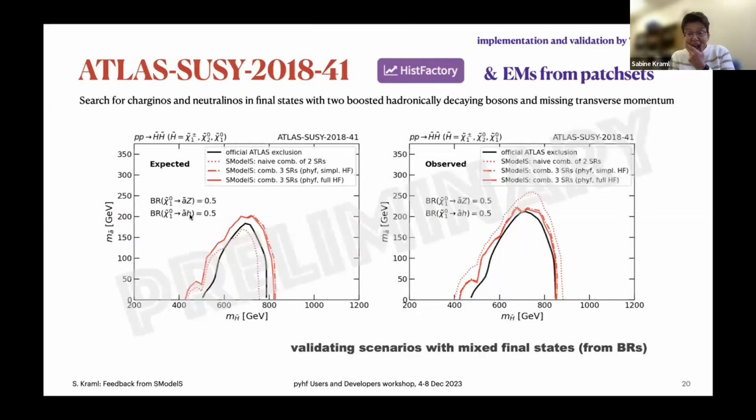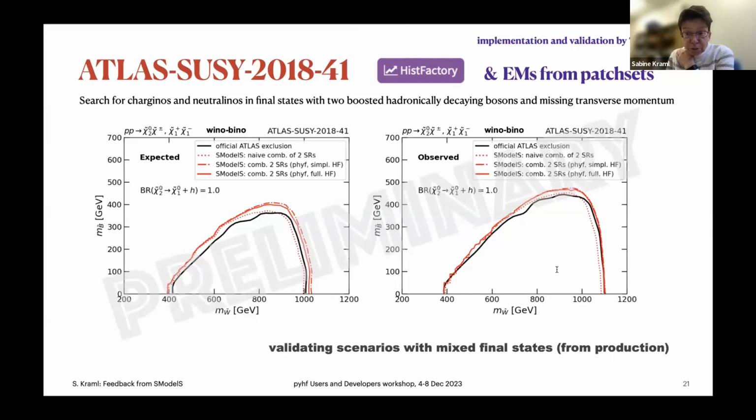Okay. We also do detailed validations for scenarios with mixed final states. Here's an example for higgsino production, which then decays down to a bino with 50% branching ratio into Z bosons or Higgs. And you see it performs well.